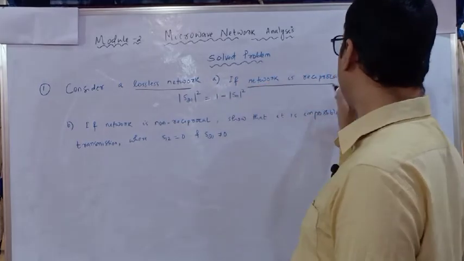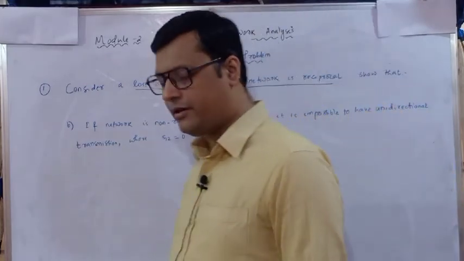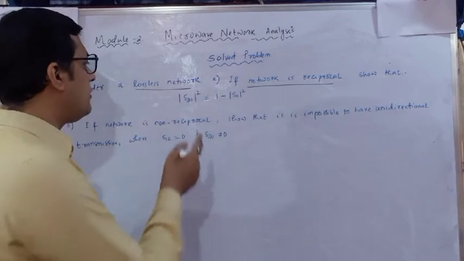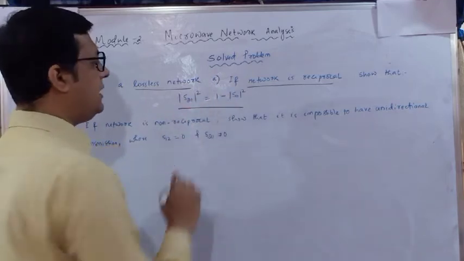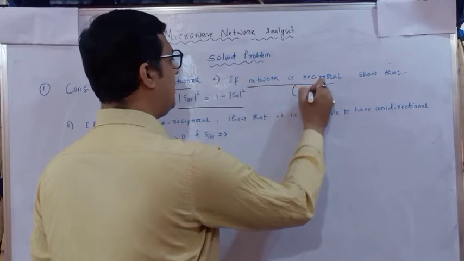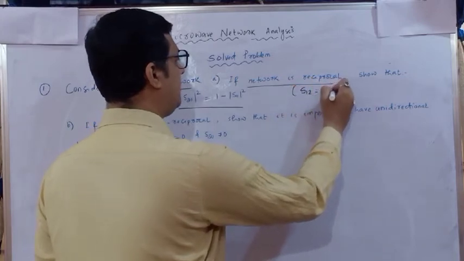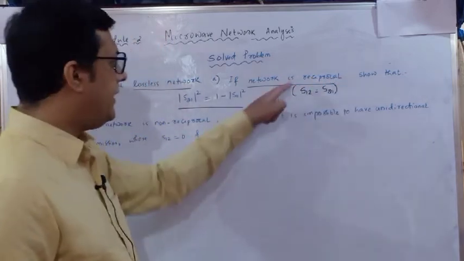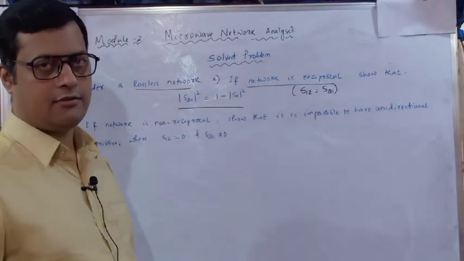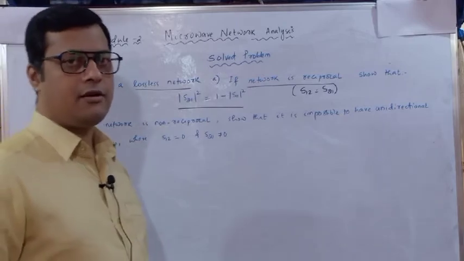If a network is reciprocal, meaning S12 is equal to S21, show that this must be the relation. Hint is given. Another hint is a lossless network. Lossless network property is what?